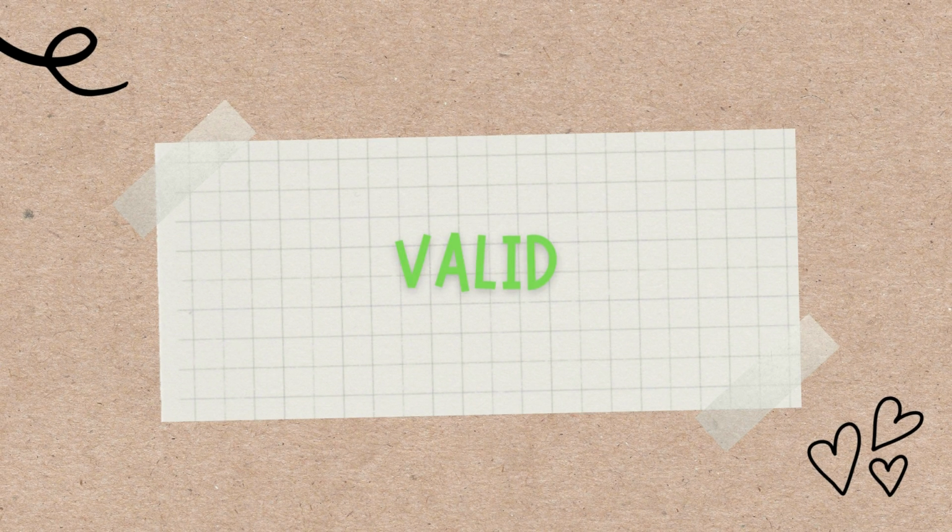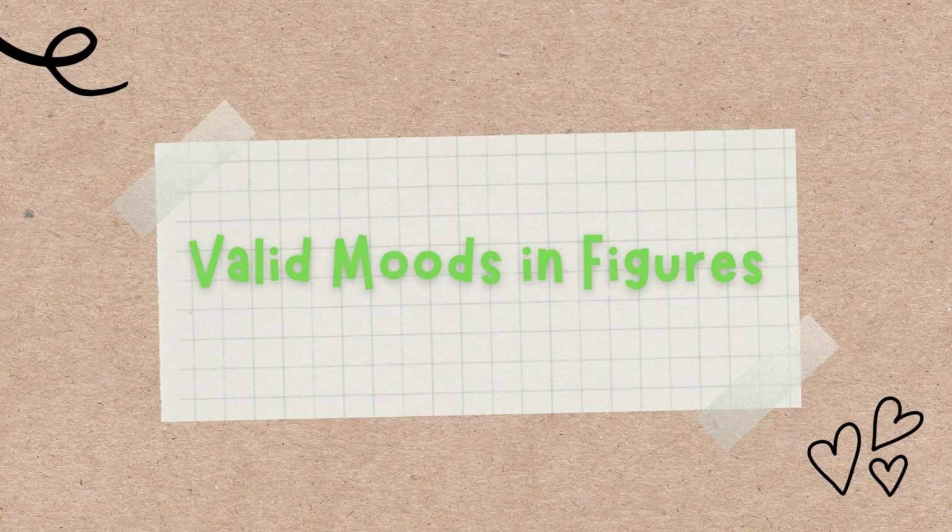Today, we are going to see how to find whether a syllogism is valid or invalid using moods and figures, without using the Venn diagram. We need to know the valid moods and figures in order to prove the validity of a syllogism.